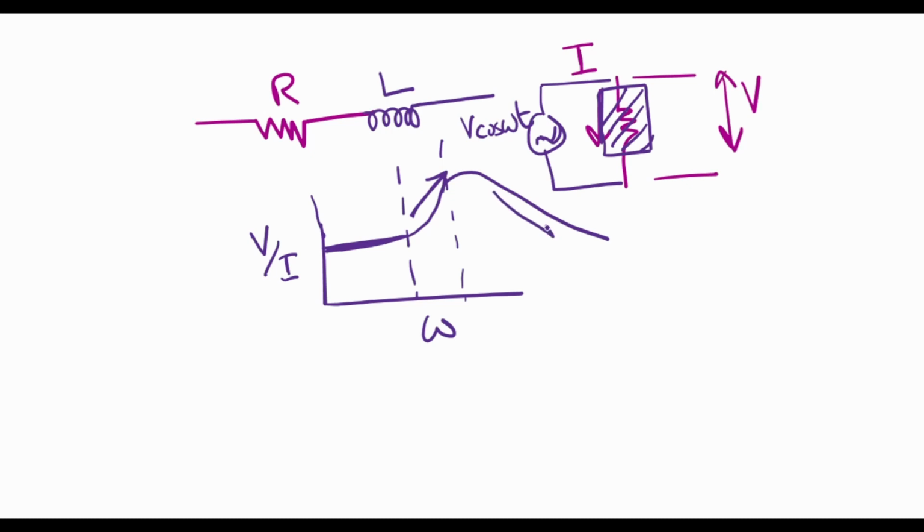For this region, when the plot is actually decreasing with frequency, this is capacitive behavior. So in order to account for it, I need to add a capacitor across this circuit. So this is a more detailed explanation of a model. A model is representing this physical phenomena which I can measure in the lab with a device which I don't know. So for my circuital analysis, I can have a model like this.